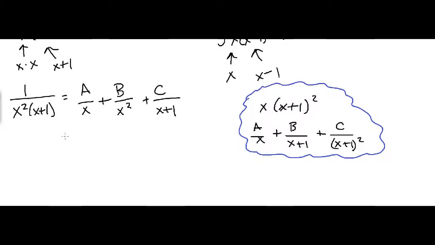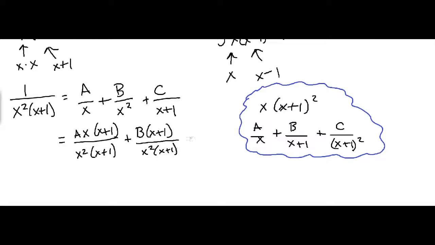From here, we're going to do exactly the same thing we did before. In order to get this first term to have the common denominator, we're going to multiply it by an x and then an x plus 1. This is going to be over the common denominator now, plus b times x plus 1 over x squared times x plus 1, plus c times x squared over x squared times x plus 1.